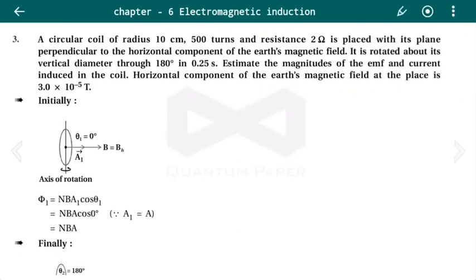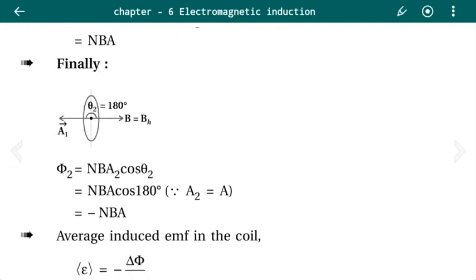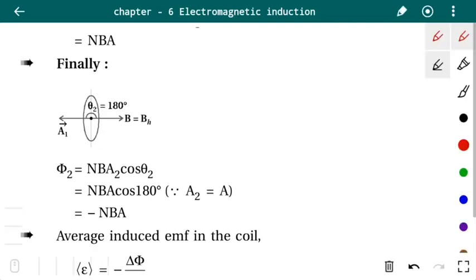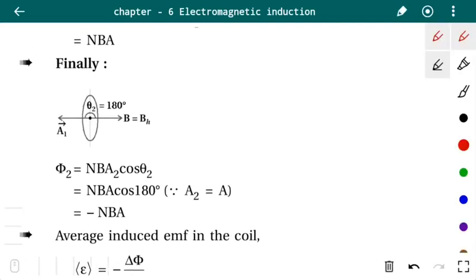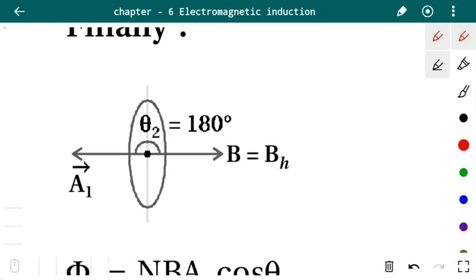Now what is given? The circular coil is rotated about its vertical diameter through 180 degree. So now the angle made is 180 degree. Because the coil is rotated 180 degree, the area vector is towards the left hand side, and that is opposite to that of the magnetic field.